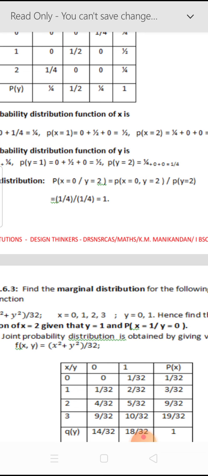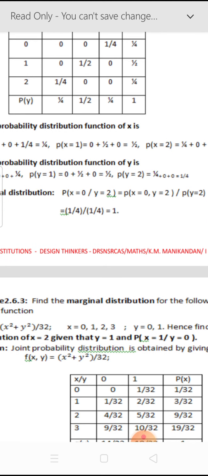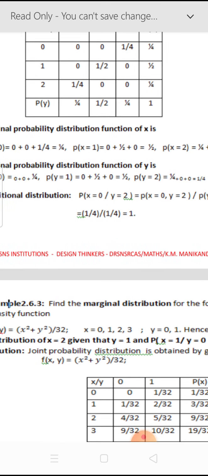Now we find the probability for when x is equal to 0 and y equal to 2, and we get it from the table as 1 by 4. And we know that the probability of y equal to 2 is 1 by 4. So substituting these values in the numerator and denominator, 1 by 4 divided by 1 by 4 will give you the answer 1.